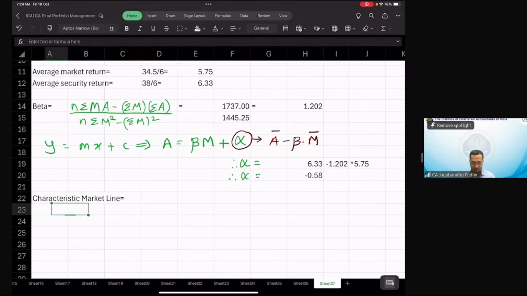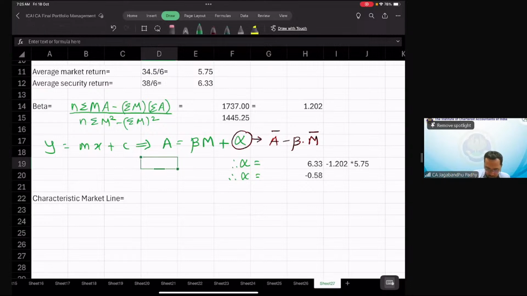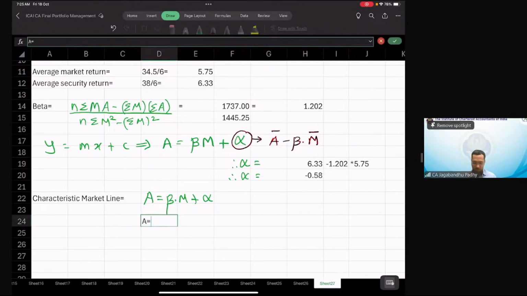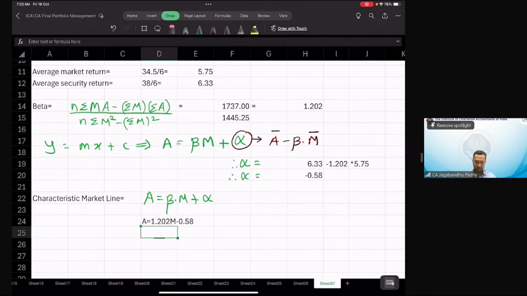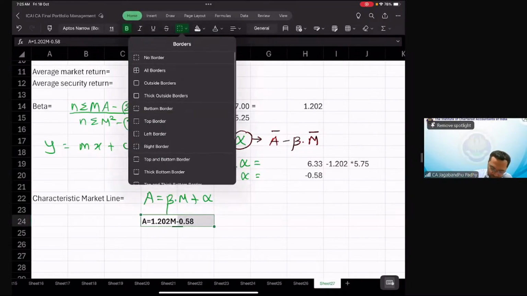So characteristic market line is given by return of A is equal to beta into market plus alpha, which is specified to be return of A will be equal to beta of 1.202 into market value minus 0.58. So this is the characteristic market line, guys. This is what we mean by the characteristic market line.